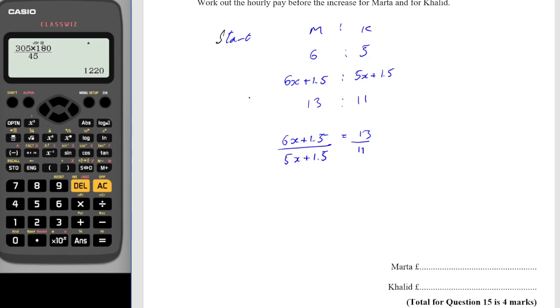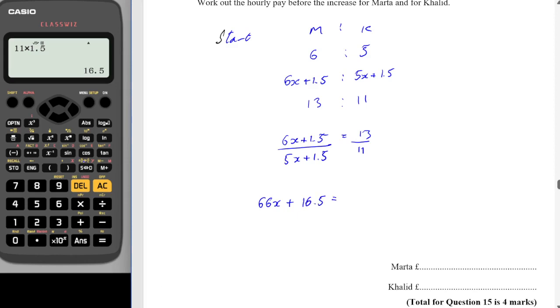I can't spot anything. So 11 times 6 is going to be 66x, plus 11 times 1.5 is going to be 16.5.